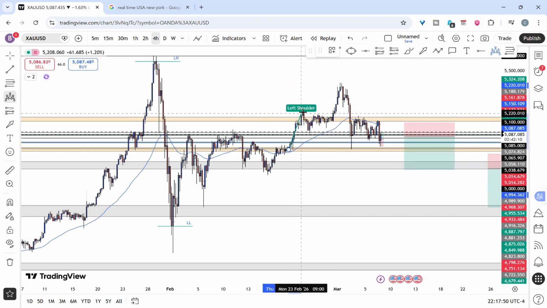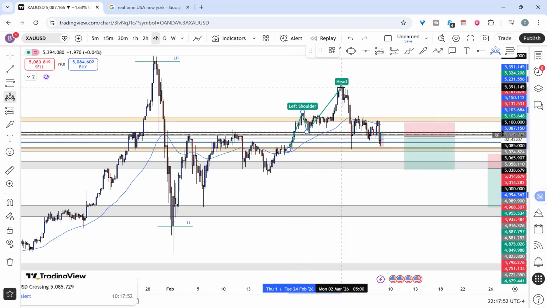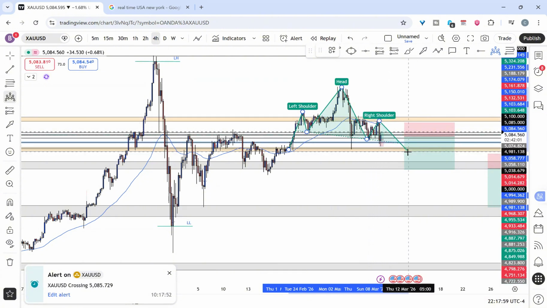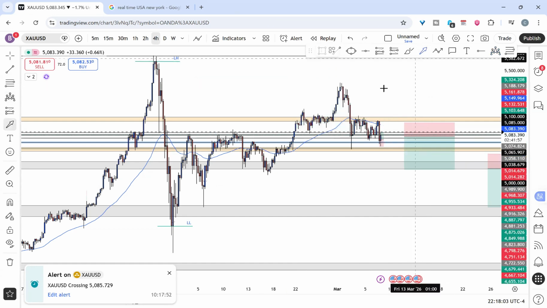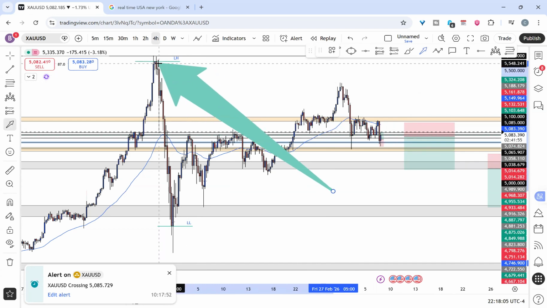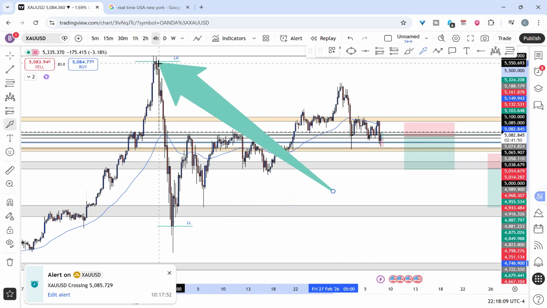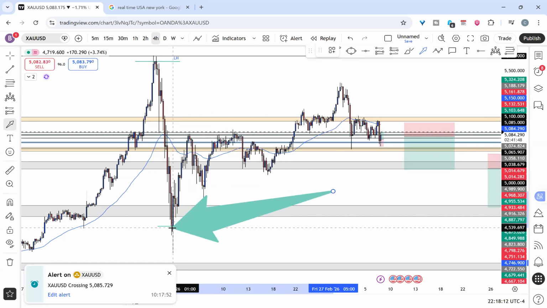So we have the shoulder coming back down, we have the head coming back down, and then we have the shoulder right here. And as you guys can see on the 4-hour time frame, we do have a head and shoulders. We also do have a bearish downtrend. Okay, so now we are creating a long lower high and lower low.